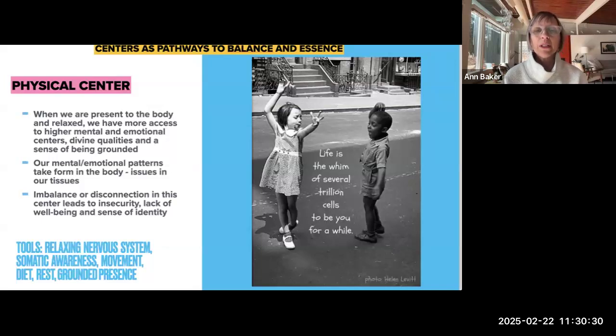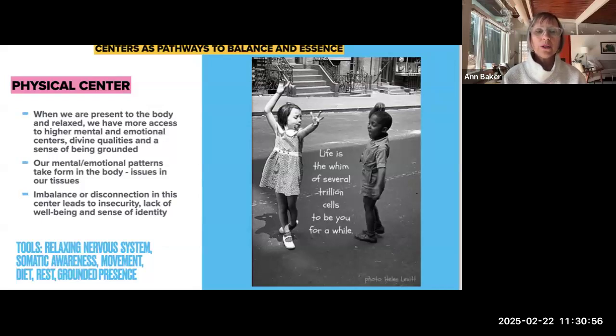And when we're feeling the emotions, there's a physical aspect to the emotion. When we have a fearful thought, we're going to feel that in the body. So all these centers are interconnected. The more we're grounded and fully present in the body, it naturally can help us with the other two centers.